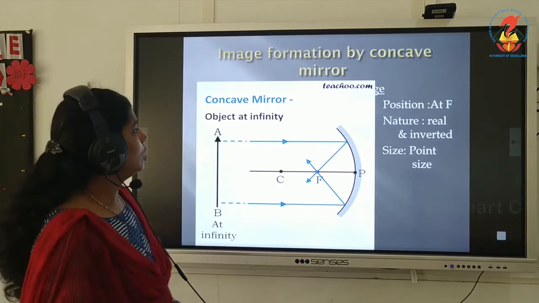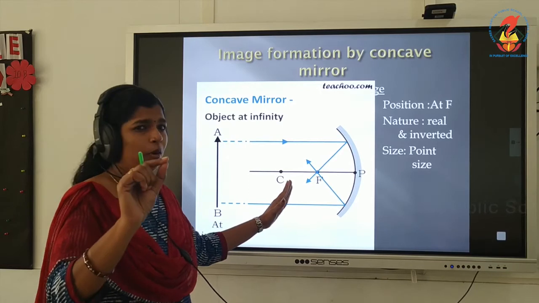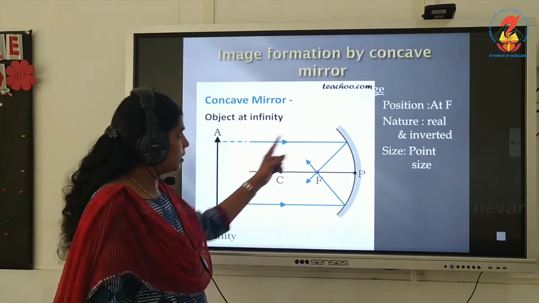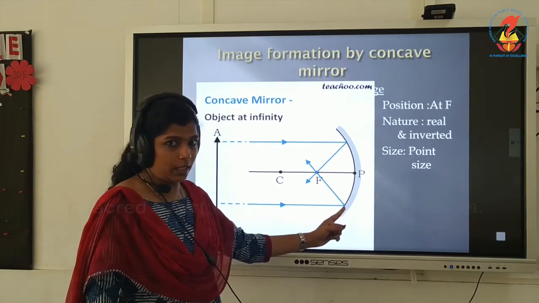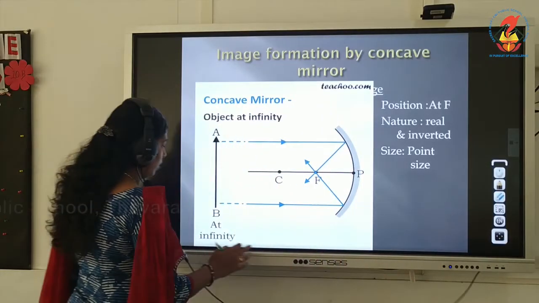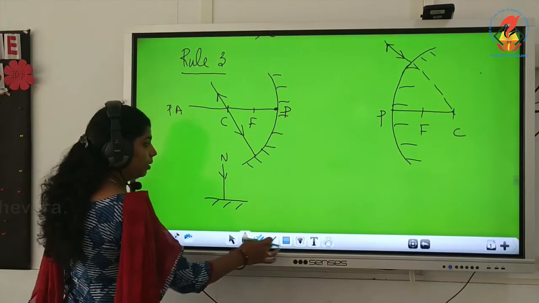Normally in this case we will not draw the image because it is point size. We will draw two light rays parallel to the principal axis on both sides. After reflection, they will meet at a point on the principal focus.